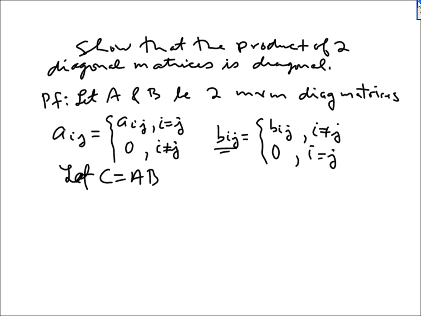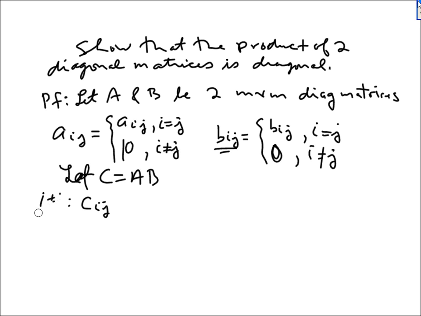So what I want to show is if i equals j, oops, I have this backwards over here. Sorry about that. You get Bij when you're on the diagonal. That is, you don't know what it is. But if i is not j, then Bij is 0. Okay, so we want to say if i is not j, I want to see what Cij equals. What if i is not j?